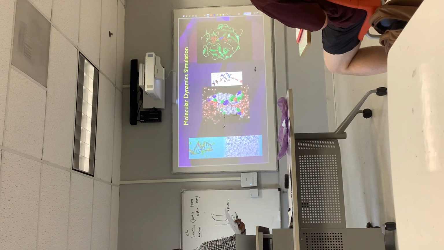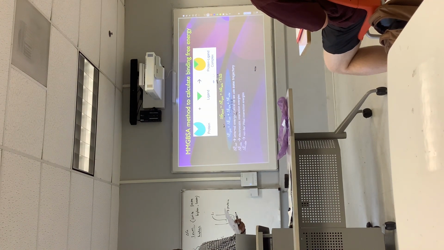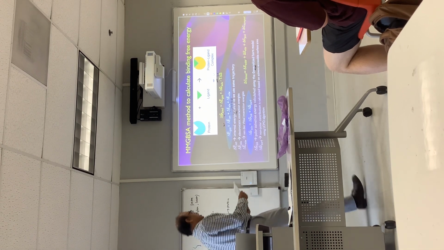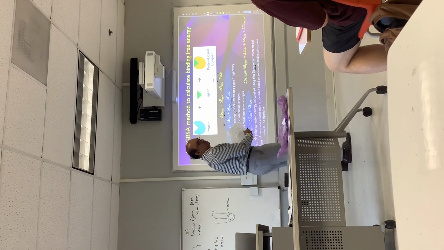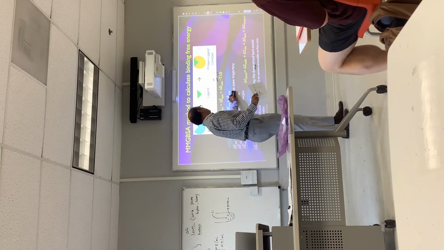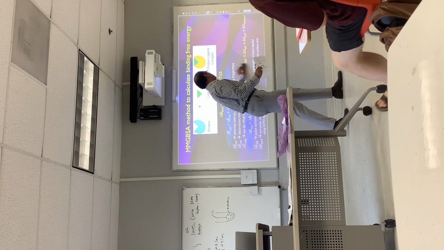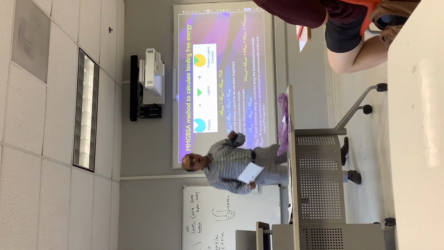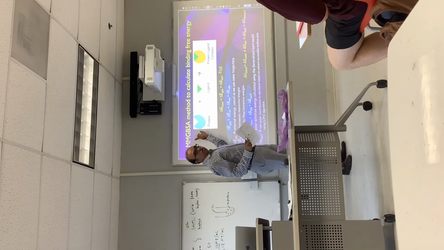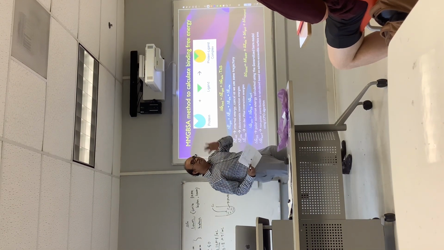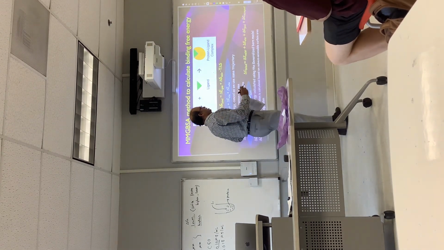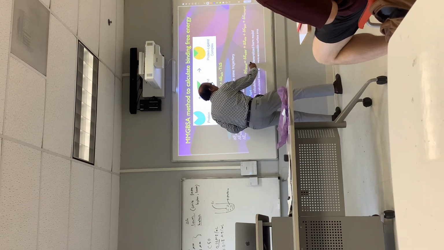We use molecular dynamics, and from that molecular dynamics we calculate the binding affinity using binding free energy, using a method called MMGBSA. There are many other methods that are used, but I'm just explaining one of them. This is the delta G of binding.